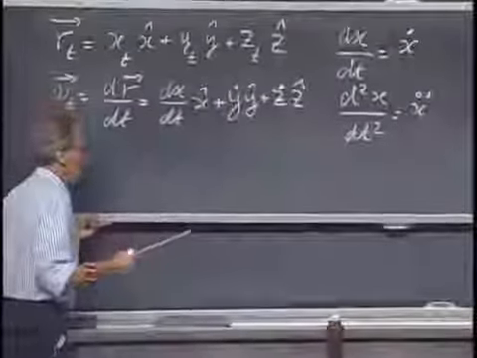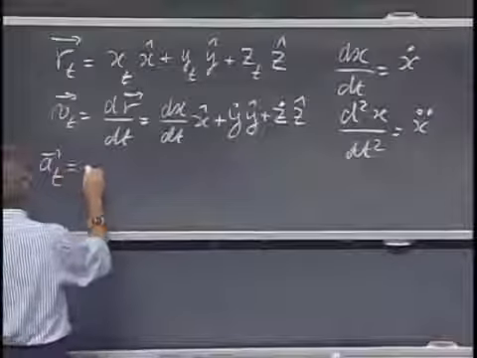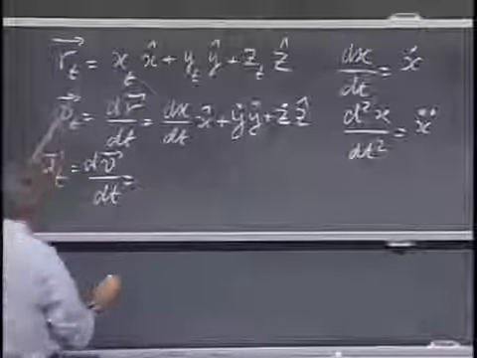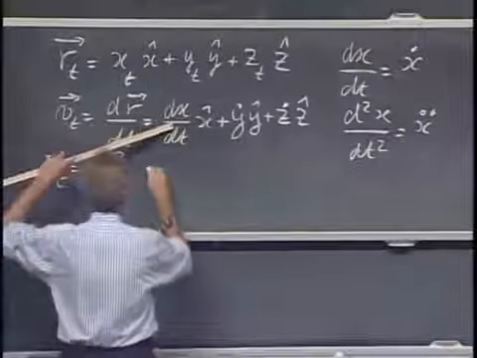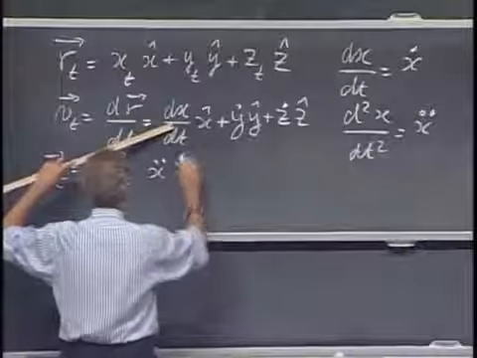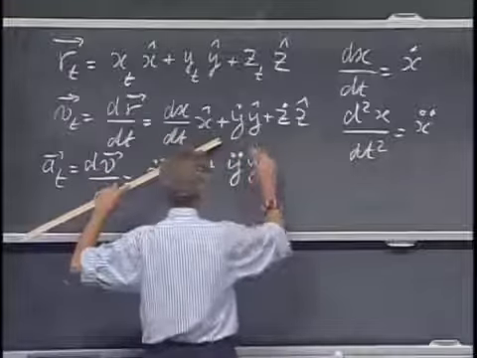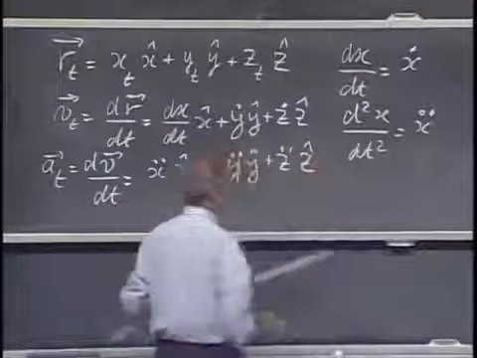What is the acceleration as a function of time? Well, the acceleration equals dv/dt. So that's the second derivative of x versus time. And so that becomes x double dot times x roof plus y double dot times y roof plus z double dot times z roof.